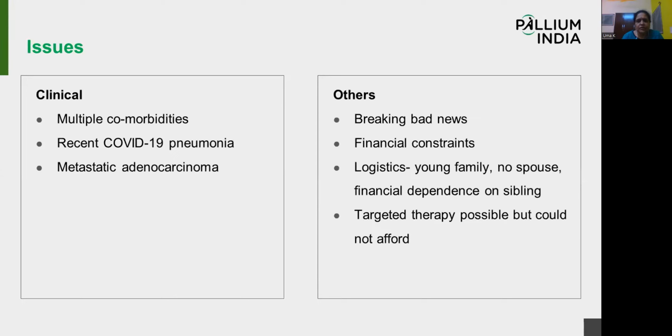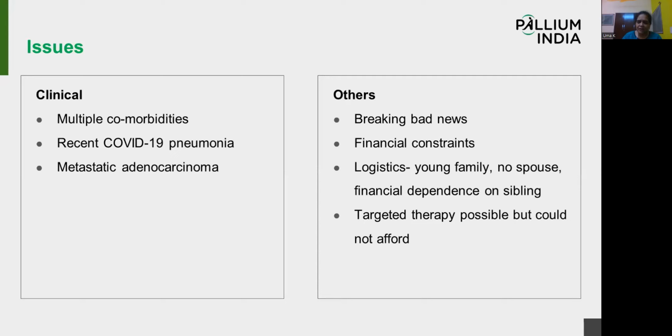The issues we really faced was breaking the bad news. We had gone in doing the procedure thinking that it's mostly post-COVID immunosuppression, TB got activated or whether it was sarcoid, but we had a very tough time breaking the bad news. The family had significant financial constraints because she was hit with COVID at a time when we knew nothing about the disease, so a lot of money had been spent.